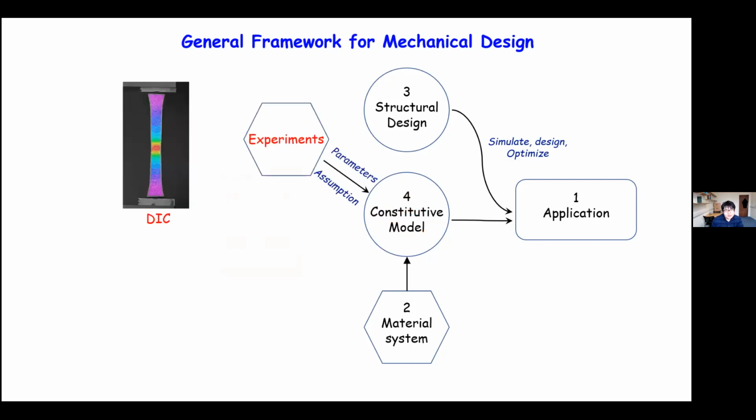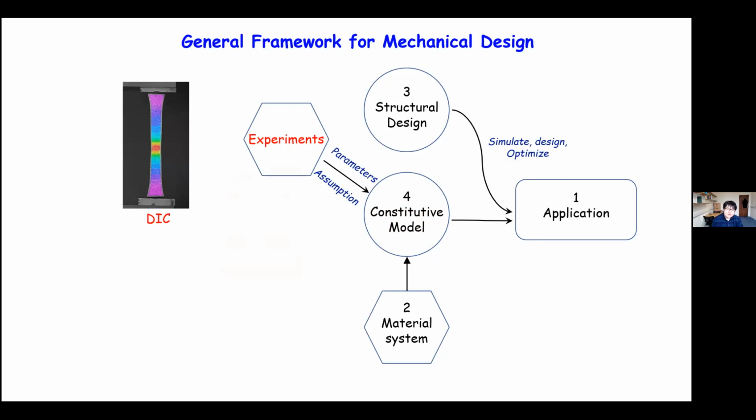This constitutive model actually can come from direct experiments. We have standard experimental procedures to calibrate our constitutive models. You can use DIC, DVC these days, which are really advanced experimental techniques, or you can just use a good old tensile test, which might also do the work.